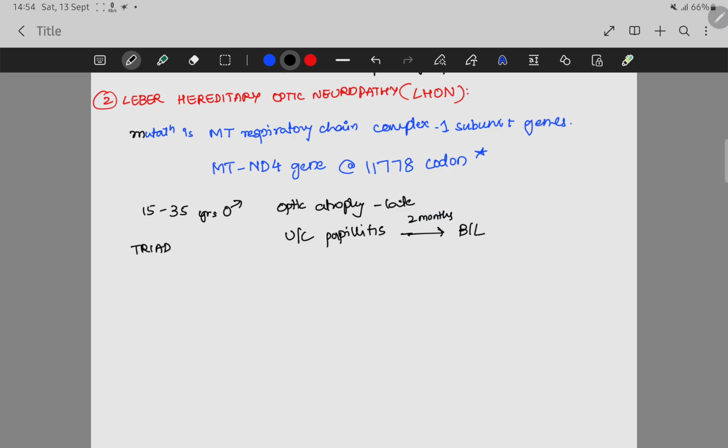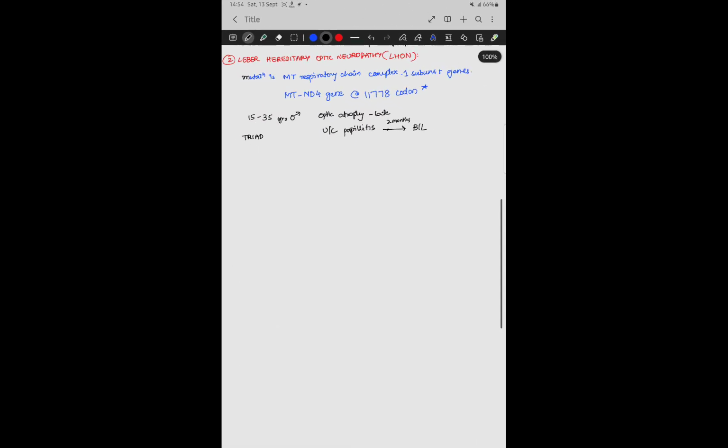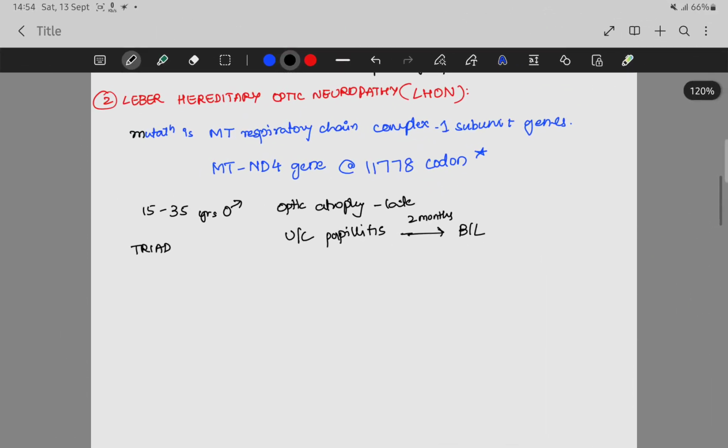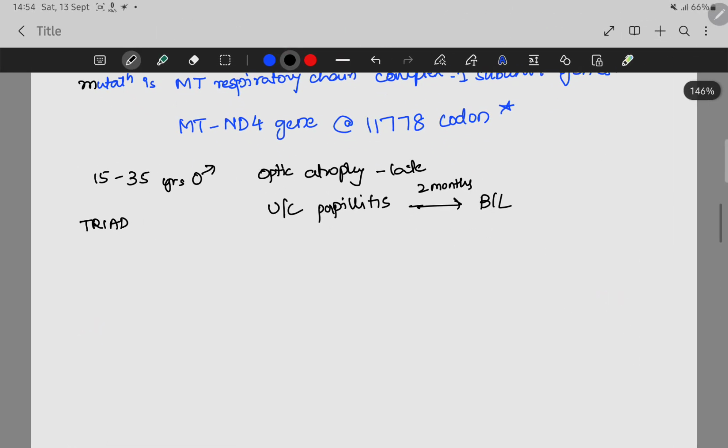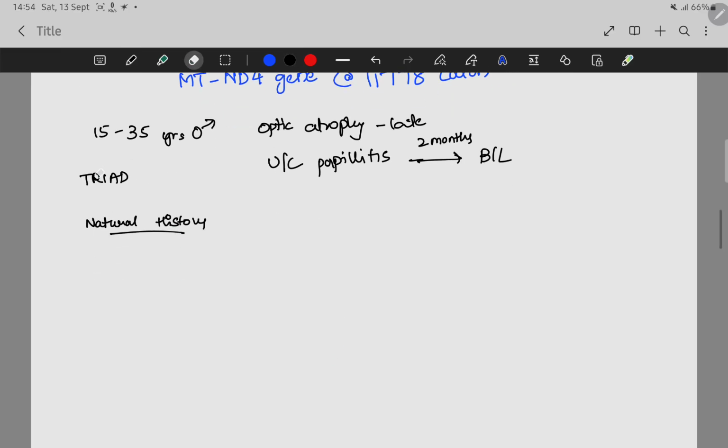Now we have the natural history of this disease. There is a primary mitochondrial DNA mutation.